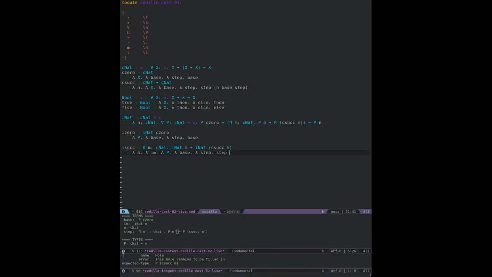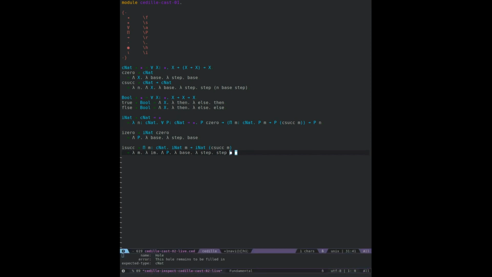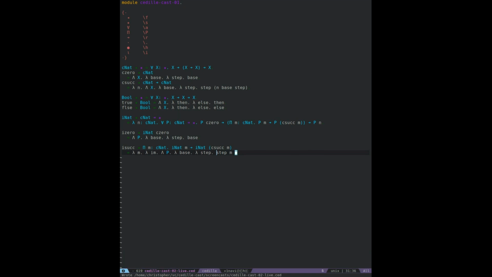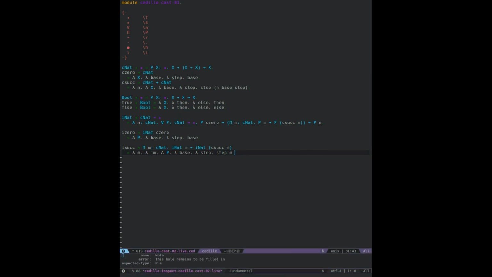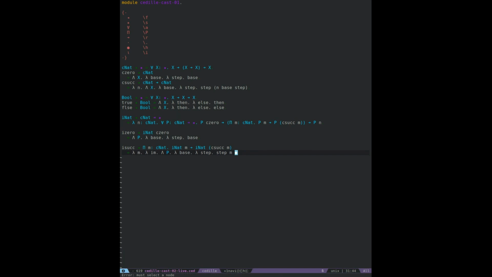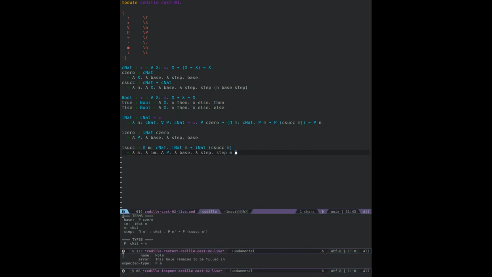So I'll say step applied to something and something else. Here, the CNAT that I want to prove this property over is m, because I'm going to show that P of m holds in order to allow step to then show that P of successor m holds. And in order to show P of m holds, I'll use Im, which is a proof that m is inductive, and invoke Im on base and step.